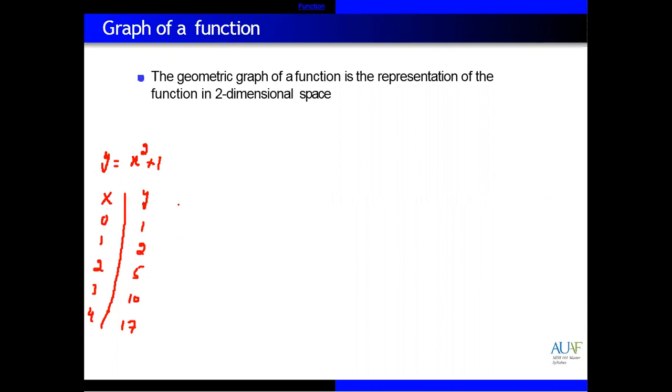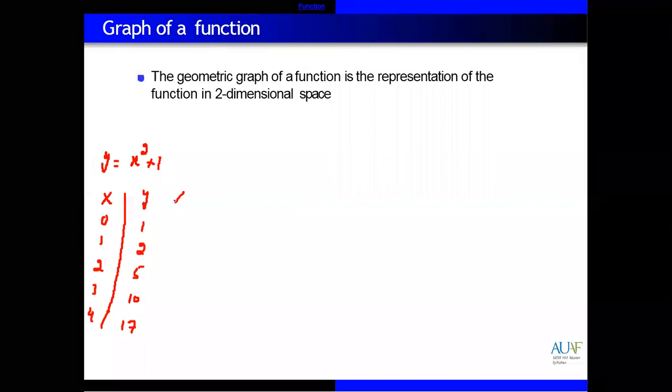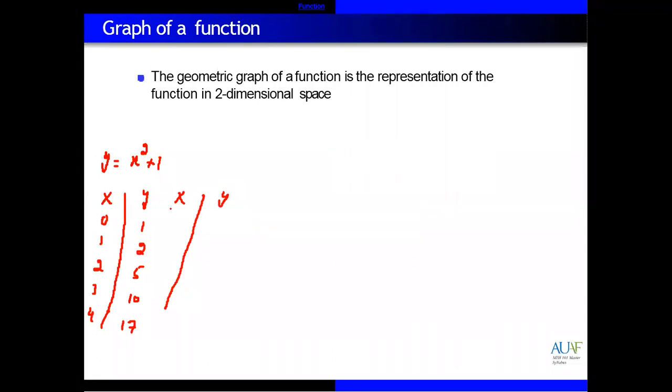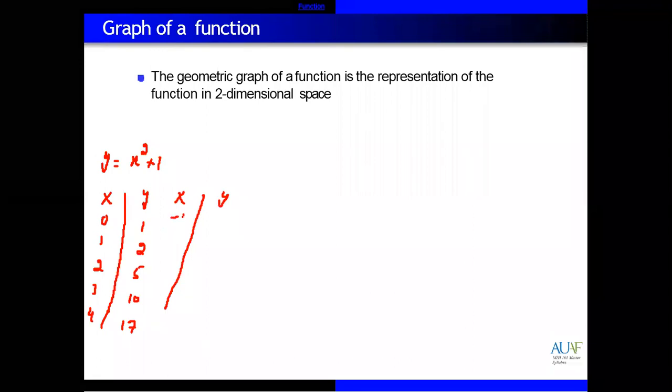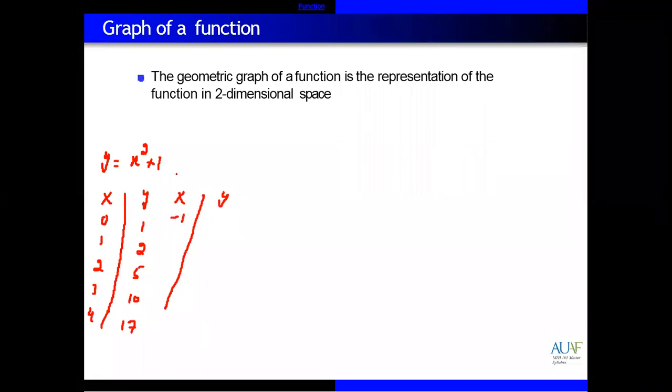Also you can give negative values, x and y. We have x value and y value. So when x is equal to minus 1, what is the value of y? This means that minus 1 whole square plus 1.